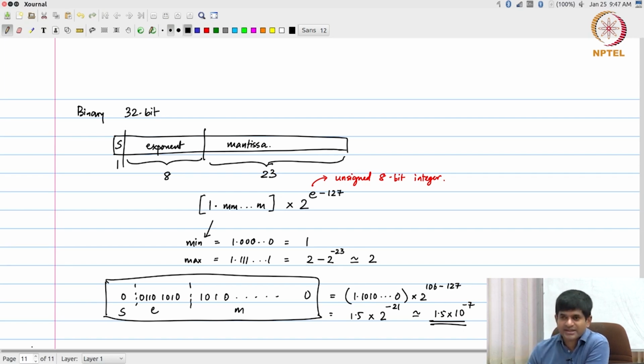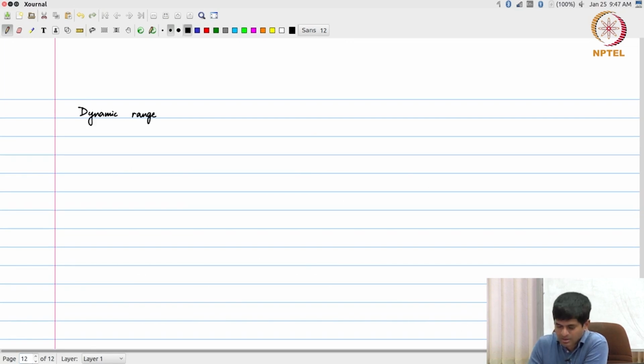The exponent takes care of the dynamic range. How does it do it? Smallest positive value corresponds to sign equal to 0 because it is positive, and I want the smallest value, therefore exponent equal to 1.